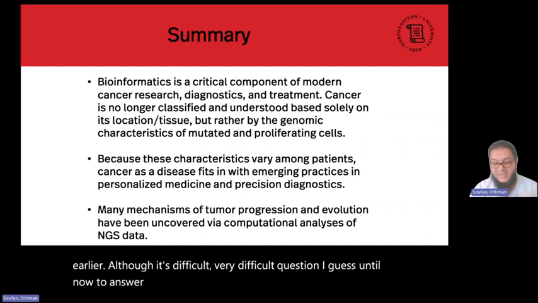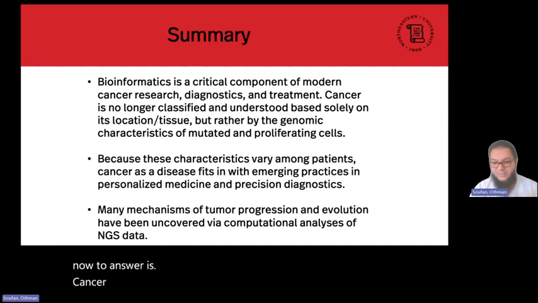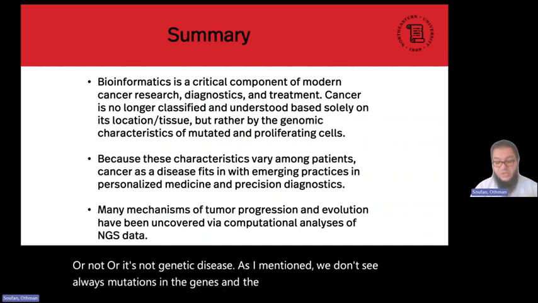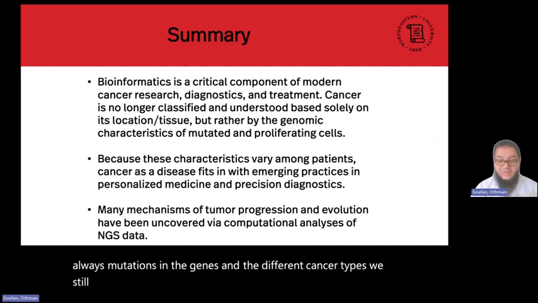Is cancer a genetic disease or not? As I mentioned, we don't always see mutations in the genes in the different cancer types. Some people can have cancer not because they had mutations in any of the genes.